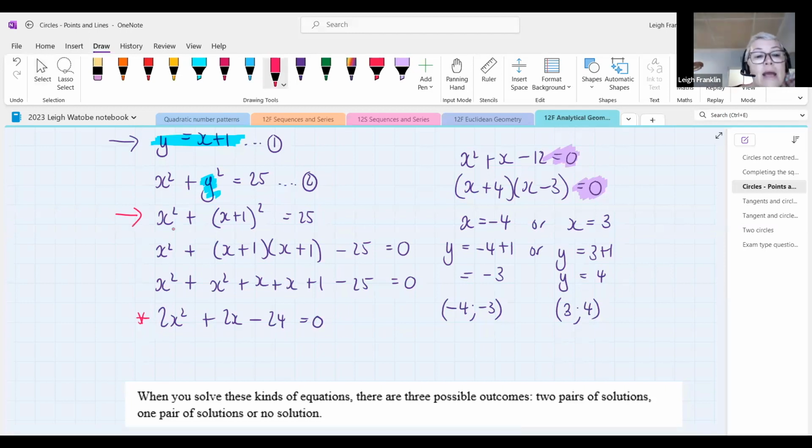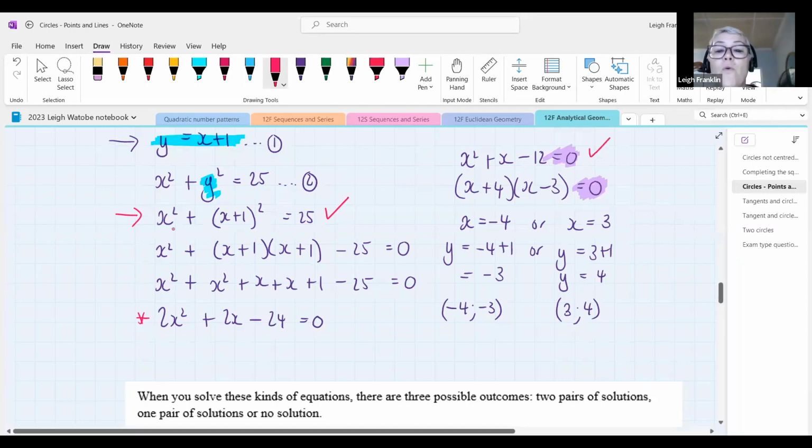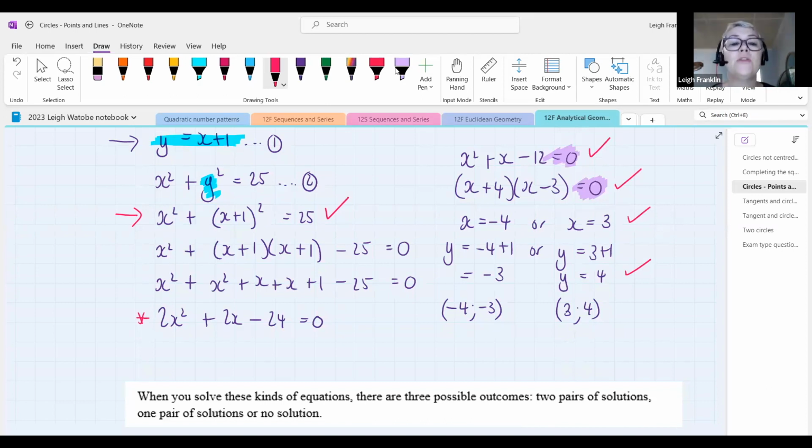They'll give you a mark for substituting, definitely. They also give a mark for standard form, a mark for factors or the quadratic formula, and then for your x's, and then for your y's. So that's where your marks would be allocated. Those are the important steps to show.